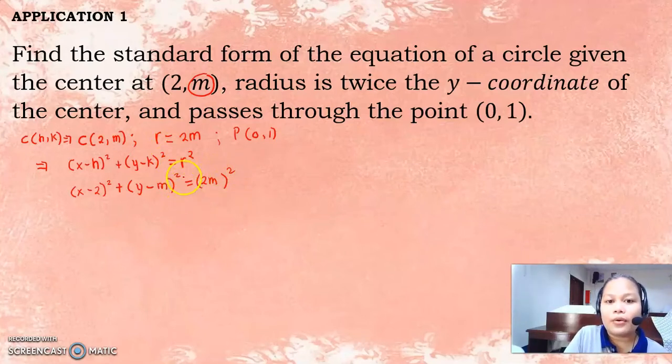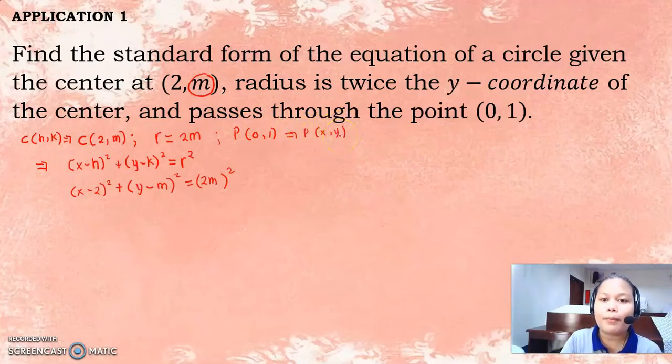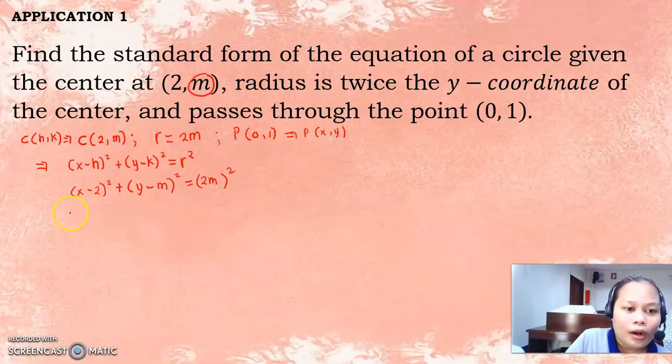Then next, we are going to substitute the point (0, 1). So the point (0, 1) is also called our point (x, y). So we have here the value of x.